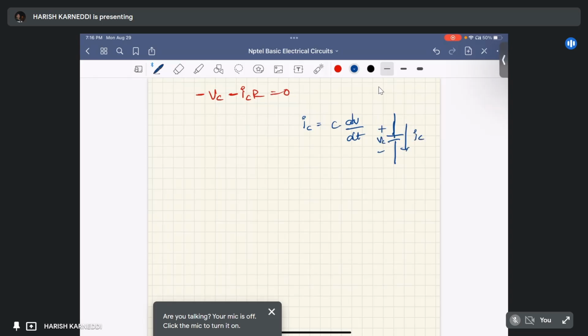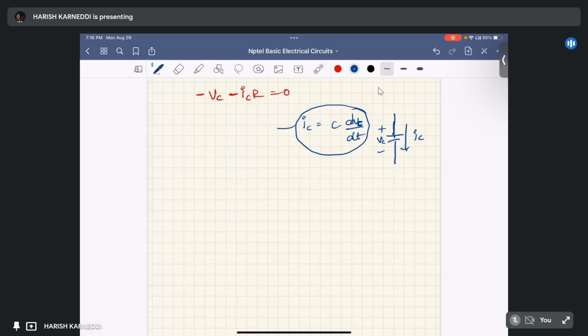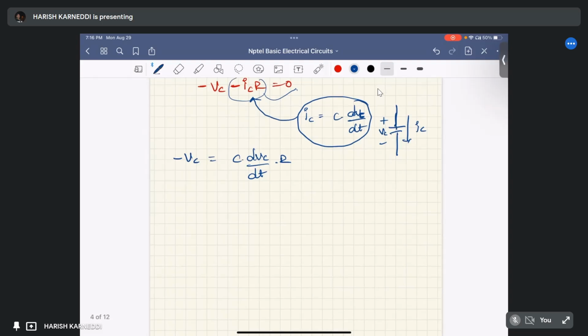The IC equals C dVC by dt, so I'm just replacing this IC in this equation. So minus VC, moving this thing to this side, equals C dVC by dt into R. We can write like this, right?